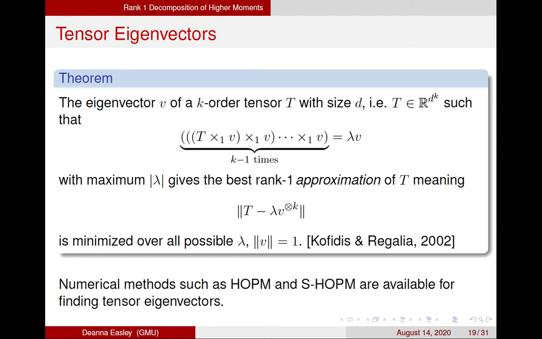Now let's consider this theorem on tensor eigenvectors in general, which states that the eigenvector v of a k-tensor T, such that T times_1 v times_1 v, etc., k minus 1 times, is equal to lambda v, with maximum absolute value of lambda, gives the best rank 1 approximation of T, which is lambda v tensor k.